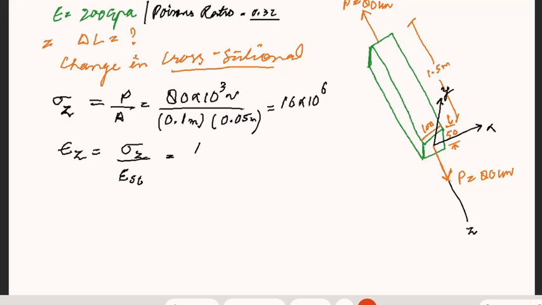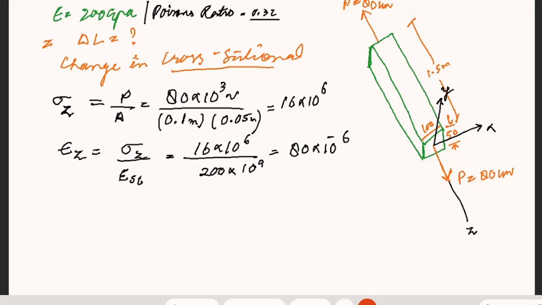So it will be 16 into 10 raised to the power of 6 is your stress, and modulus of elasticity is how much? 200 into, if you calculate it in terms of Pascal, it will be 200 into 10 raised to the power of 9. That will be equal to 80 into 10 raised to the power of minus 6.